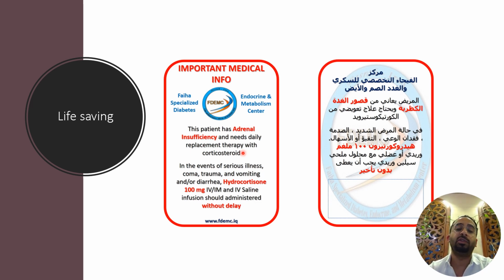And even if the patient collapses in an area far away from a medical facility, anyone with even a little experience with the use of medicines can read such a card in Arabic and decide to give the patient hydrocortisone, even subcutaneously, which can save the life of a patient with acute adrenal crisis.